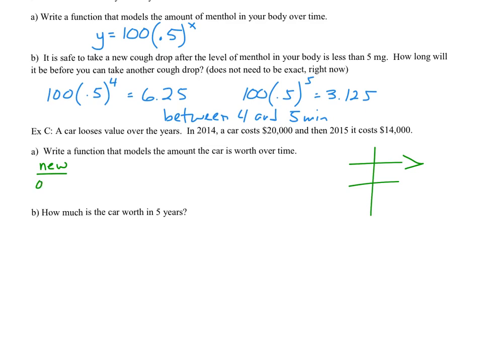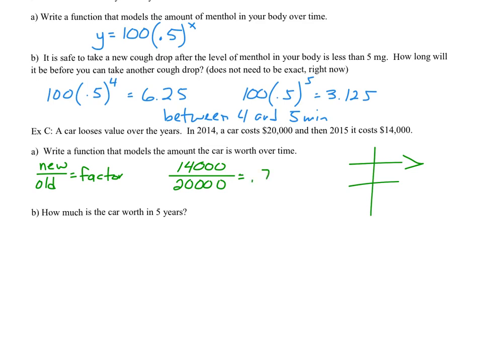So new divided by old will equal our factor. It may be growth, maybe decay. This time it's going to be decay. So we're going to do 14,000 divided by 20,000, and I get 0.7.